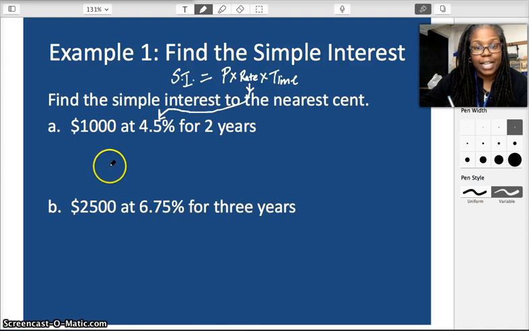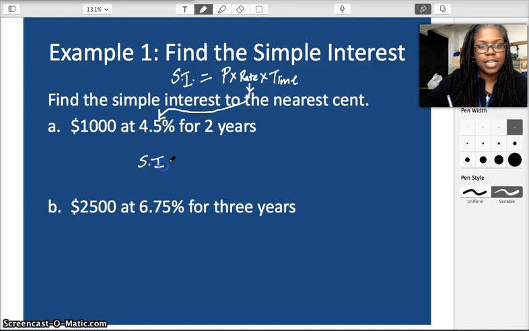We have $1,000 and it is invested at 4.5% for 2 years. So what we do to find the simple interest is to take that principal amount, $1,000, and we're going to multiply it by the percent here, but we're going to do the decimal version of that percent. So it's 0.045, and then we're going to multiply it by the time.